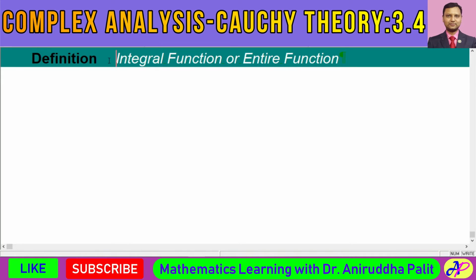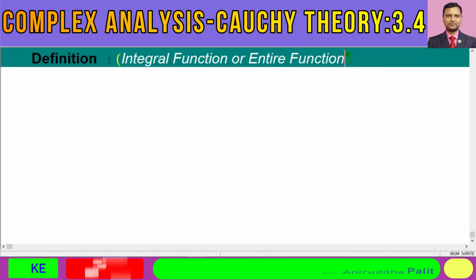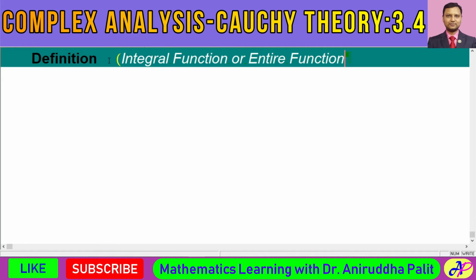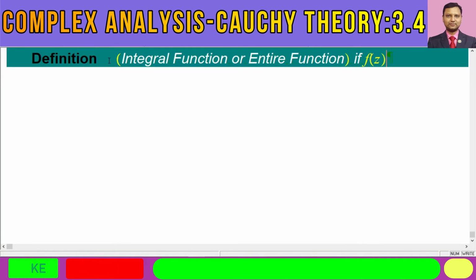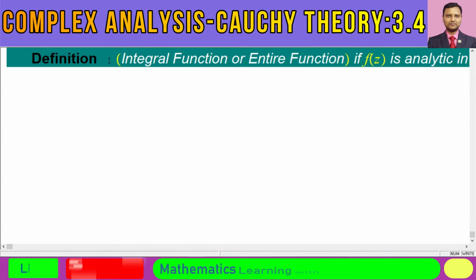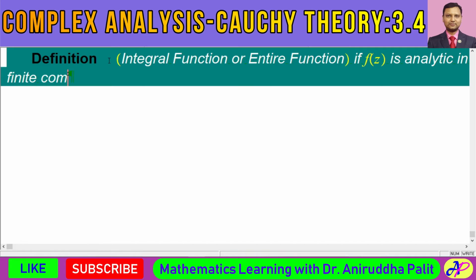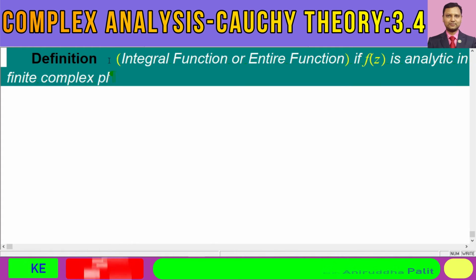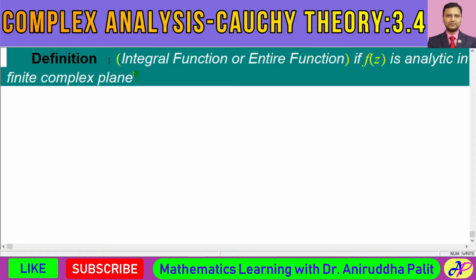It says that if a function, if a complex valued function, let me write f of z, if this function f of z is analytic in finite complex plane, now, what is finite complex plane?